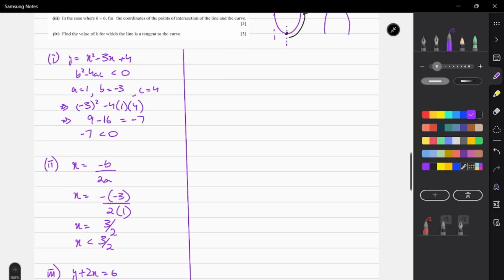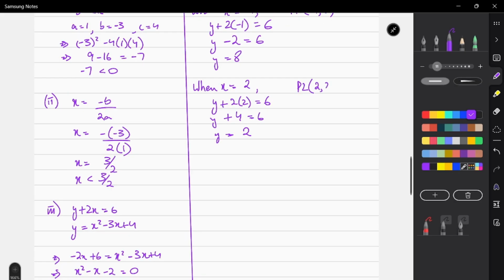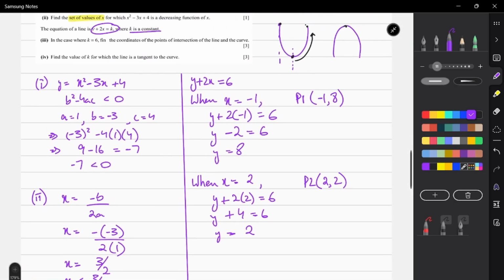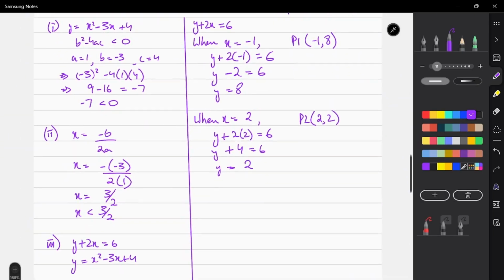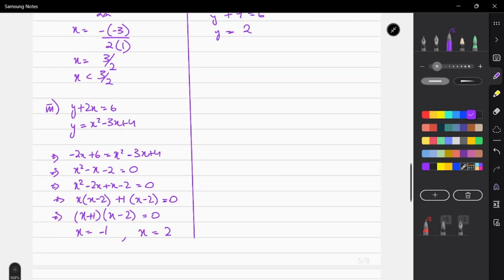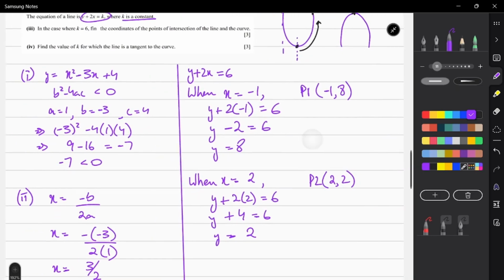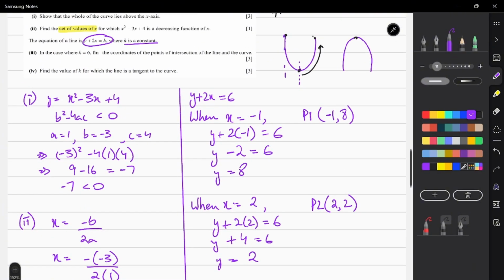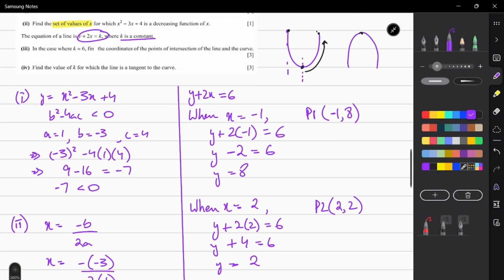Okay, so taking y plus 2x equals 6, I'll be inputting when x is equal to minus 1. Okay, so these are the two points of intersection. When we found the x values, we substituted them into any of the equations and got the y values, and hence got the coordinates of the points of intersection of the line and the curve.